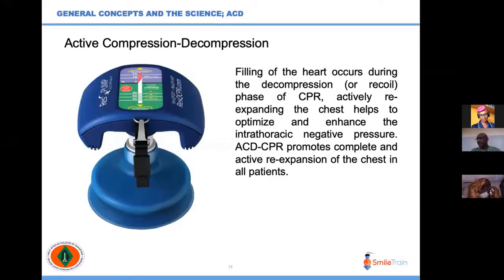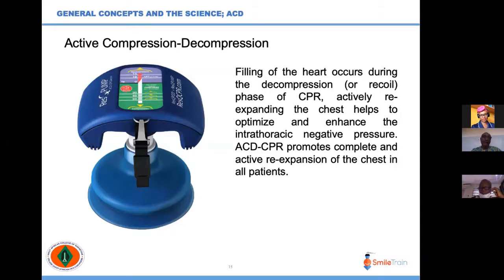So ACD CPR is becoming very, very popular because it actually has been shown to improve neurologic outcomes after CPR when people have recovered.